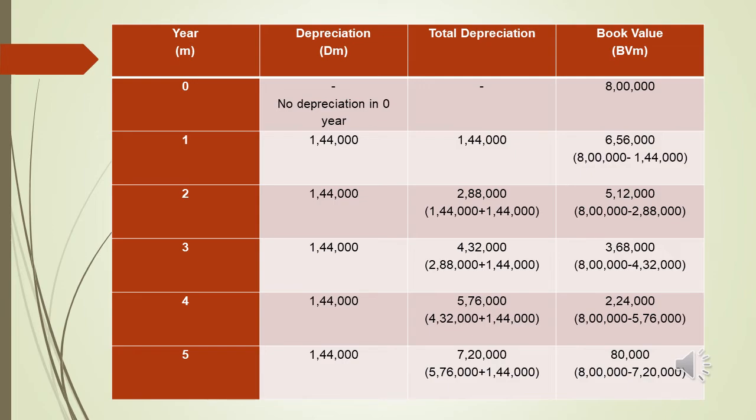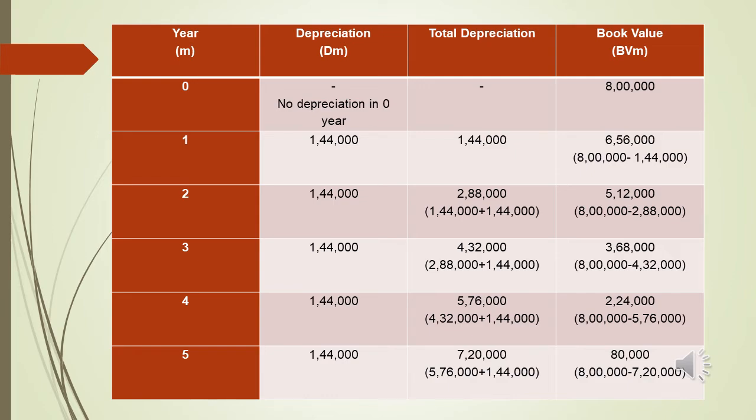will give me 2,24,000. Now we have to find out the book value of the last year, fifth year. That is 8 lakh minus total depreciation of the fifth year, that is 7,20,000. So 8 lakh minus 7,20,000 will give me 80,000.